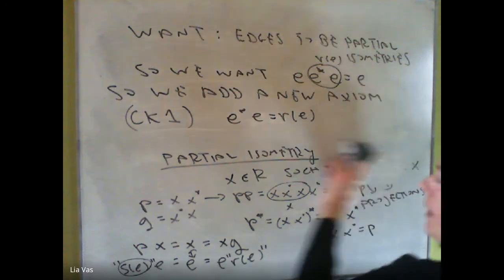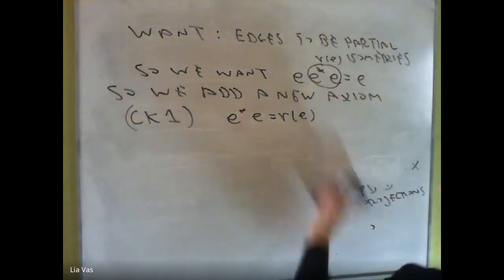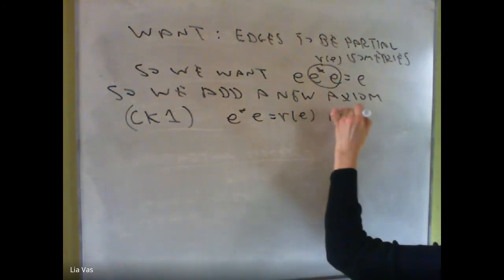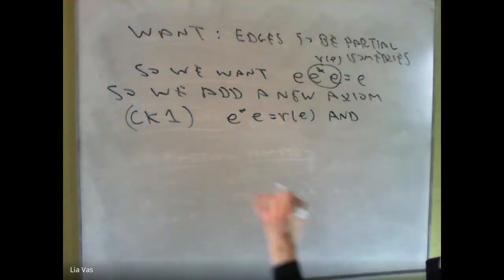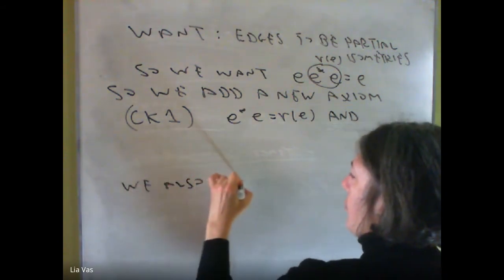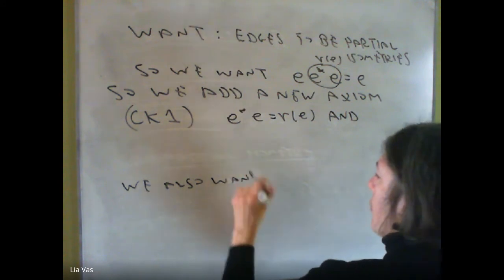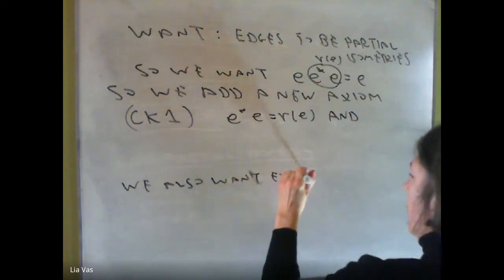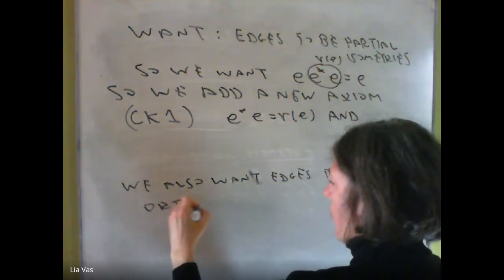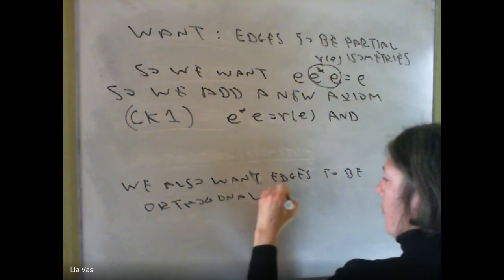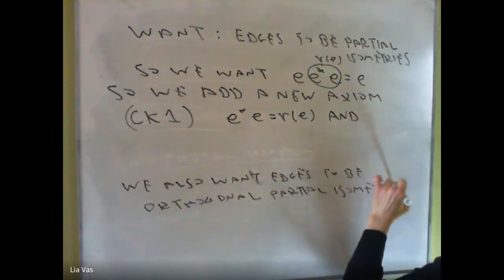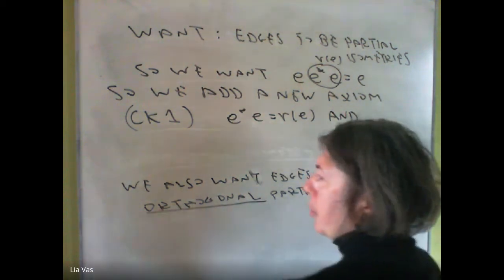I also want edges to be orthogonal partial isometries. So there is another part of this thing. So let's also write what else we want. We have seen this word before.